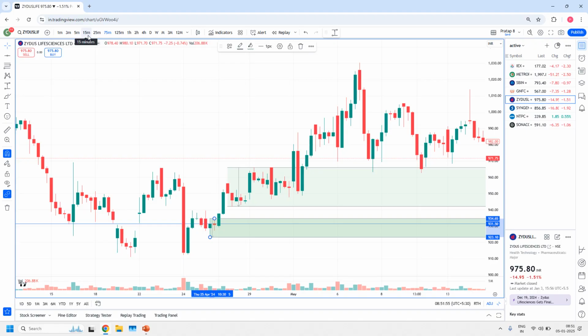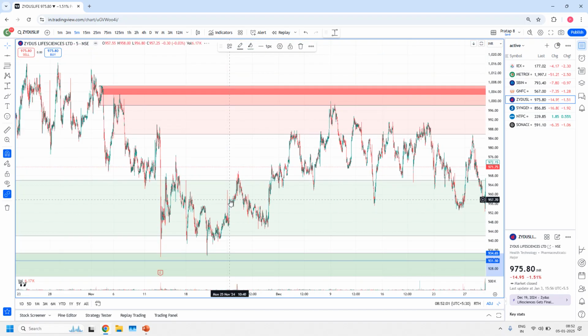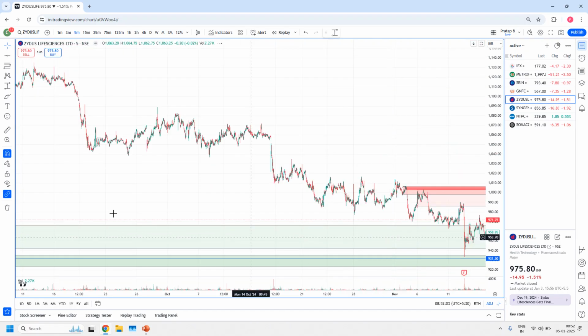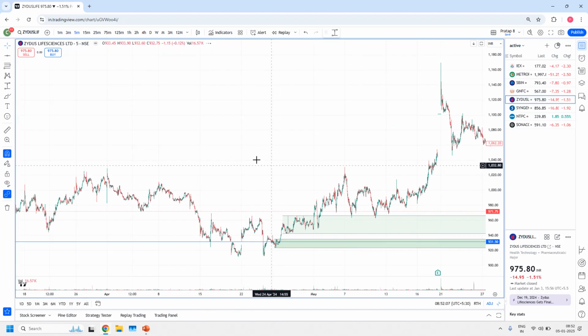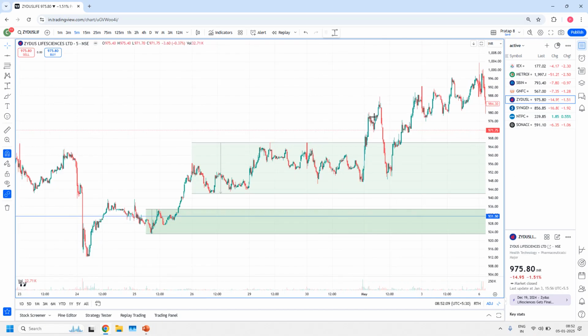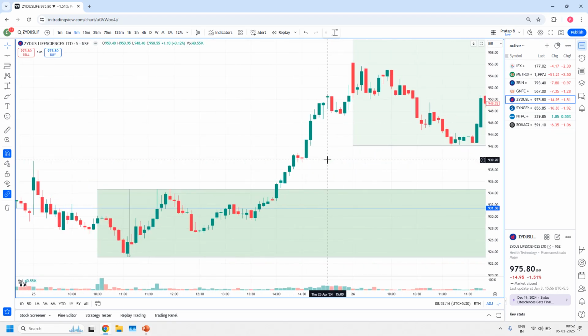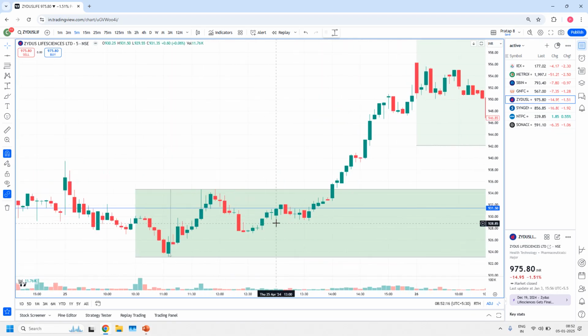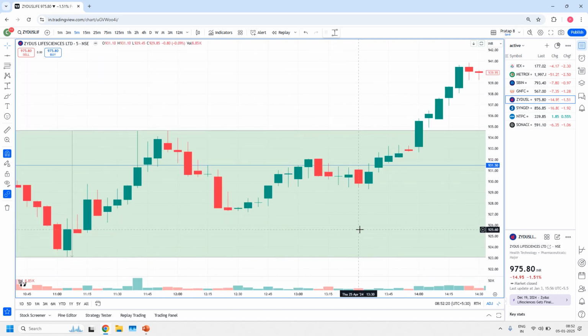So go to the 15 minutes time frame inside this 75 minute zone. You have a very big order flows are here.